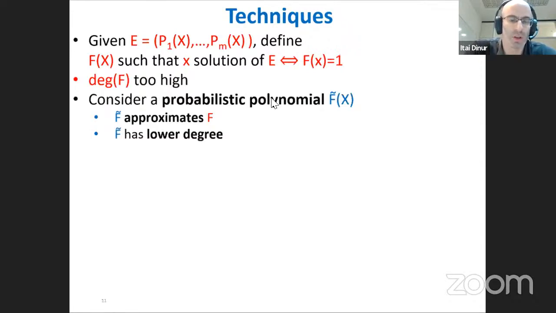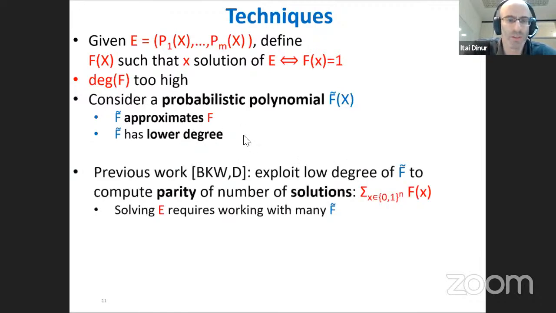Therefore, what polynomial method algorithms do is define a probabilistic polynomial f tilde that on one hand approximates this original polynomial f, and on the other hand has lower degree, so it can be manipulated efficiently by algorithms. So previous work essentially exploited the low degree of f tilde to compute the parity of the number of solutions to the equation systems, and from this you can actually solve E, the equation system.